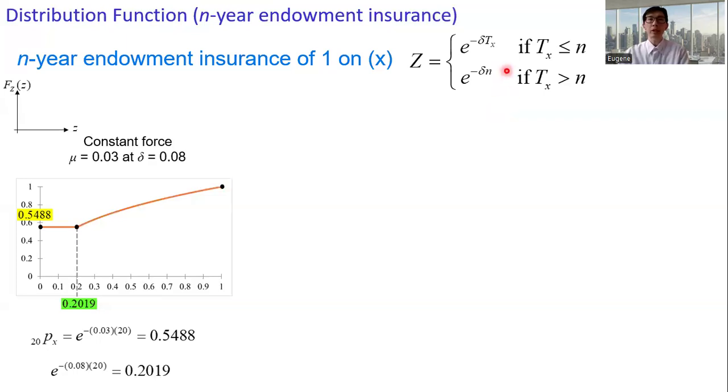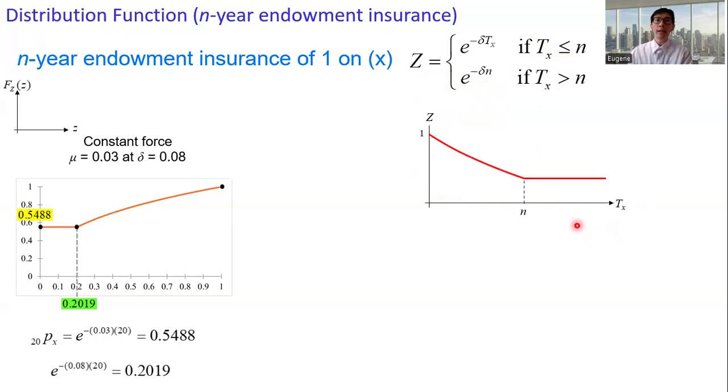When Tx is less than or equal to n, the value of z is the same as for the N-year term insurance. And when Tx is greater than n, the value of z is a constant, e to the power minus delta times n. This is the graph relating z and Tx for an N-year endowment insurance.